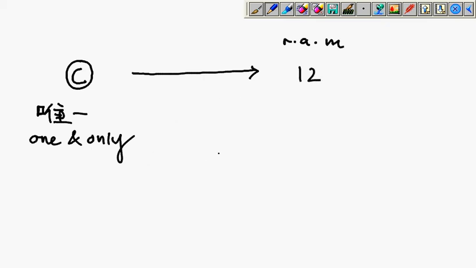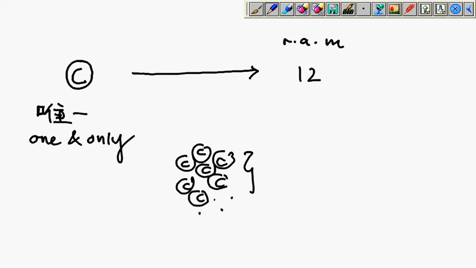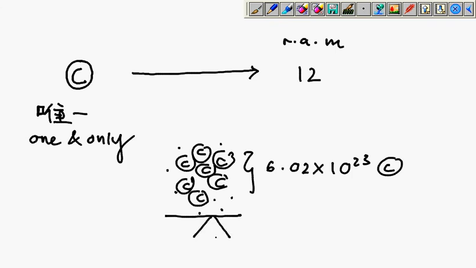Alright, so now assume that I have the ability to put together a lot of carbon atoms. I can't draw so many, so I'll just assume that I have the ability, and I've drawn 6.02 times 10 power 23 pieces of carbon. And if I could put them on a scale, the scale will show up the reading of 12 gram.